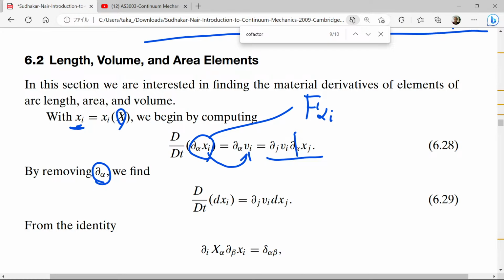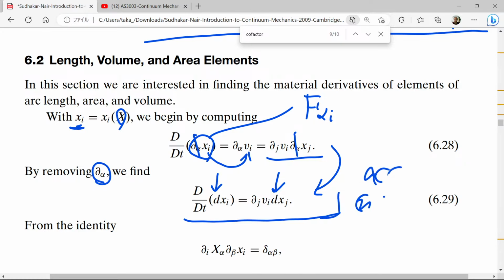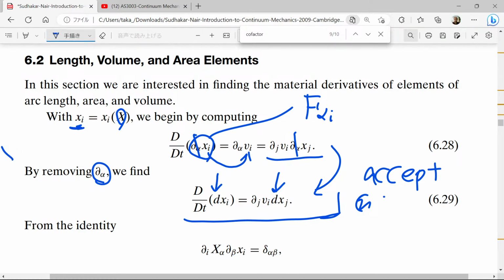We remove partial alpha, then we put D. So I have a hard time filling this gap, but I decided to compromise. Okay, we just accept. I don't get this derivation, but we have to accept it to move ahead.